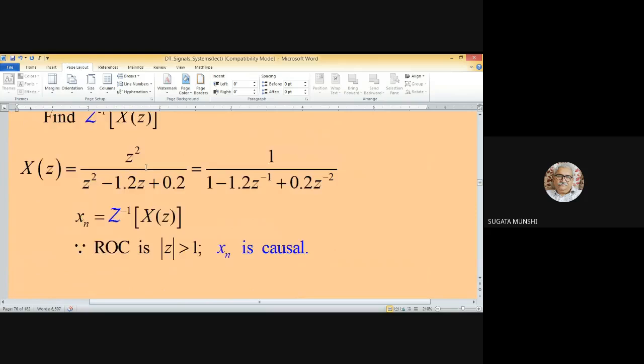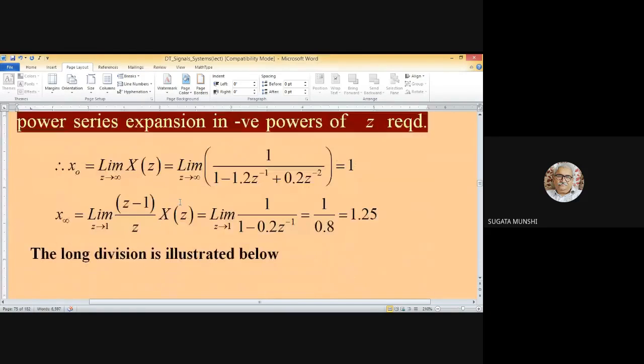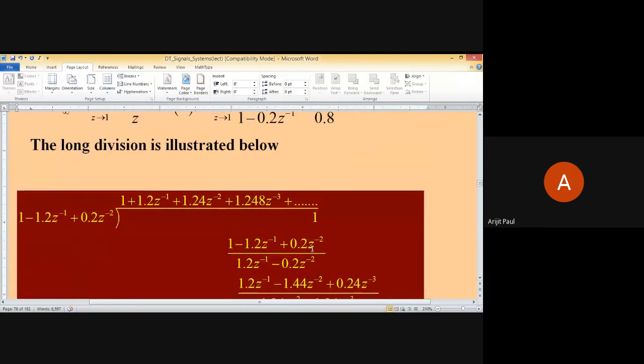If you multiply XZ with Z minus 1, that term will get cancelled out. So in the expression Z square divided by Z minus 0.2, you have to substitute Z equal to 1. Okay, right, sir. Now I understand.